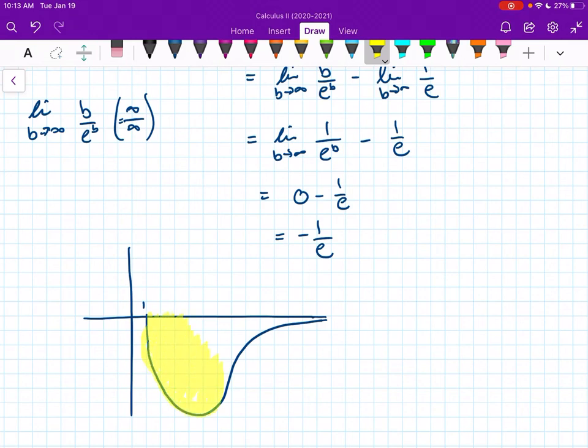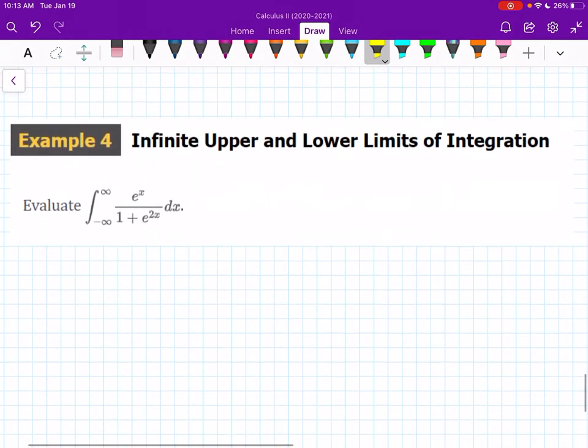So even though it seems like it's adding infinite area, that area is converging to a specific value. It's getting so small that it's insignificant, and my area is approaching negative 1 over e. All right, last example.